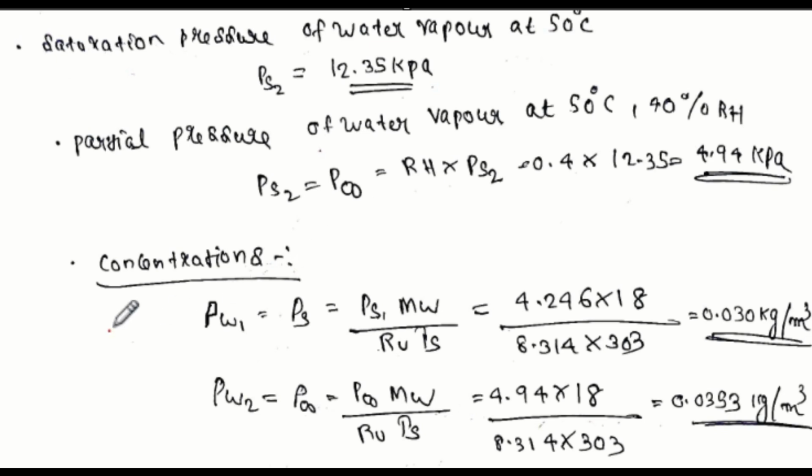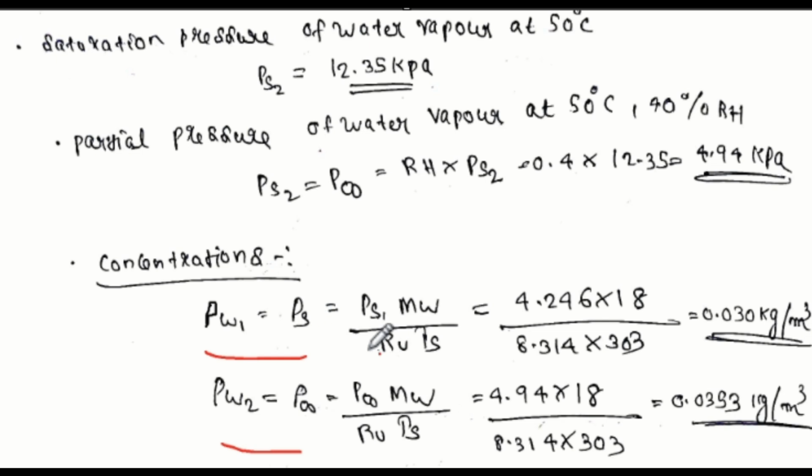The final stage is to determine the mass concentration, for both the surface and the air. It is given by rho s, or rho w1, for the surface, and rho infinity for the air. It is actually derived from the formula PV equals nRT, where n is the number of moles, which is mass in grams divided by molecular mass, and we know that mass by volume is mass concentration.